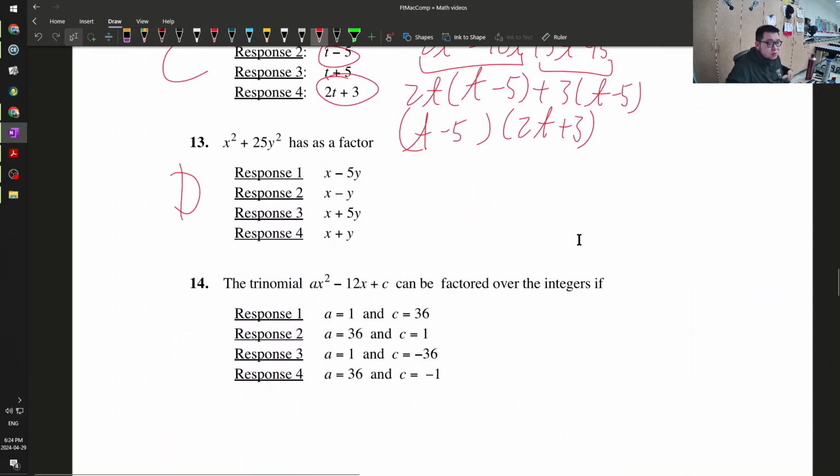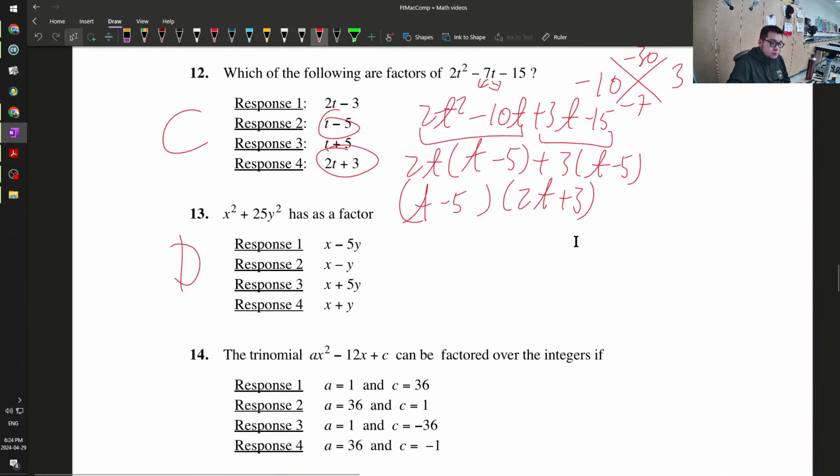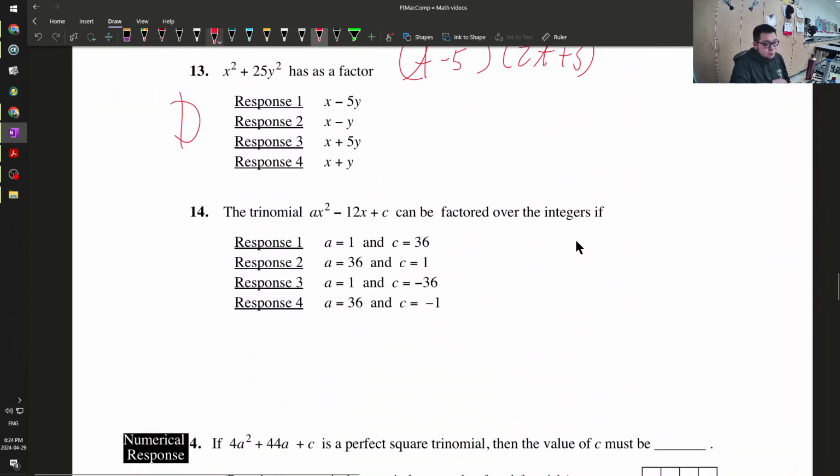14. The trinomial can be factored over the integers if. Okay, so we just see which one works, I guess. So if a is equal to 1, c is equal to 36, well, if diamond puzzle works, then that means it works.